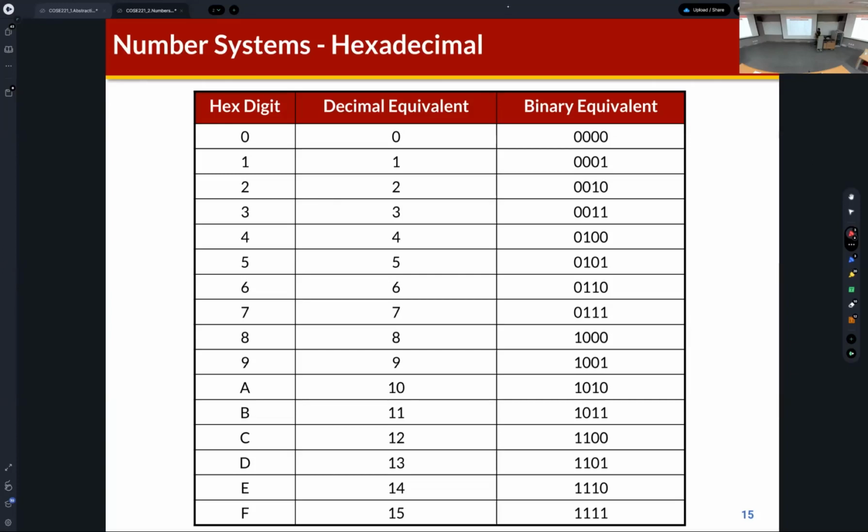As you can see, 0000 of the binary number can be represented by the 0 of the hexadecimal number. So 4 bits are compressed into the 0. And how about 1111? This can be represented using F of the hexadecimal number.